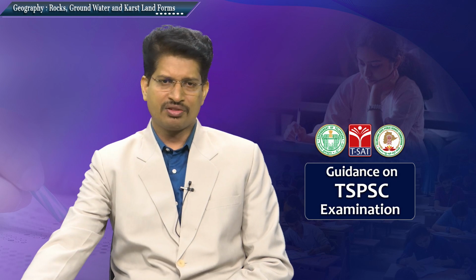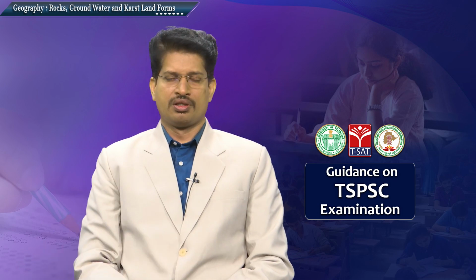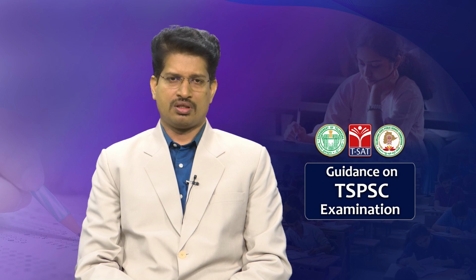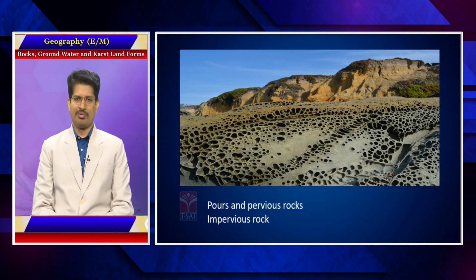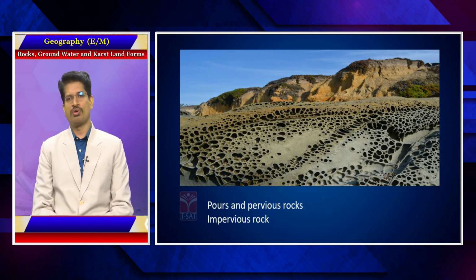After understanding this, see the projected image, where you are able to observe certain pore spaces. These pores, fractures and the interconnection of these pores and fractures are essential. Then only the possibility of formation of a water table can exist.